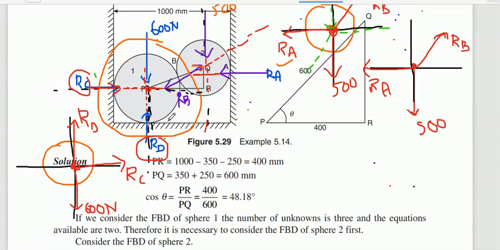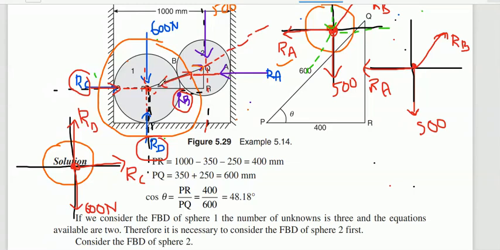Again, the last force is RB. RB is nothing but the contact area. Here we are having RB, and it is having this direction. So you can observe here, I will clearly mention. RB is nothing but how it is acting, that is the contact area. This is the direction of RB for this sphere, and for the second sphere, this is the direction.